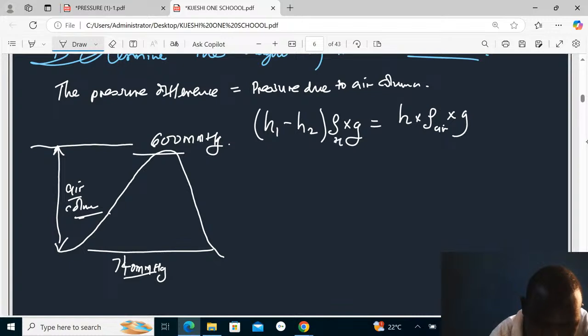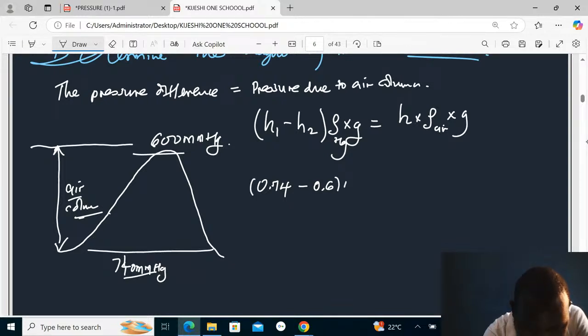This is density of mercury. Therefore, I can say 740 minus 600. This is the same as 0.74 minus 0.6 meters times 13,600 times 10, which is the same as the height of air times density of air, which we have said it is 1.25 times 10.